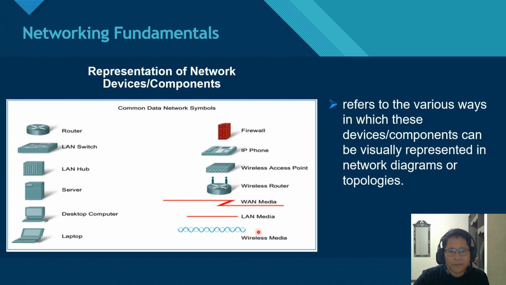We also have here a WAN media, which is represented by, I think, a diagram or symbol like a Z. We also have the LAN media, represented by a straight line symbol, this one. And we also have the wireless media, and this is the symbol.